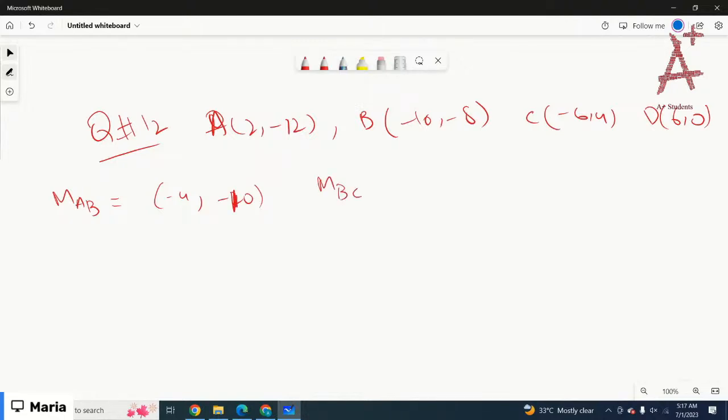Then the midpoint of BC: negative 10 minus 6 is negative 16, over 2 is negative 8. Then negative 8 plus 4 is negative 4, over 2 is negative 2. Then the midpoint of CD is minus 6 plus 6, 0, and 4 plus 0, over 2, is 2.